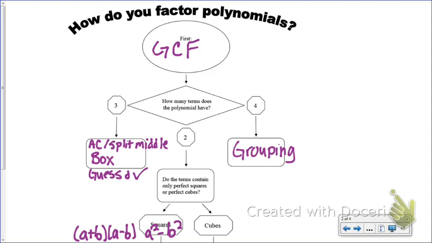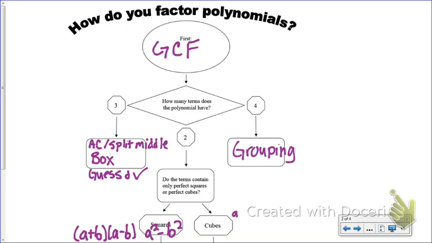Then you also could have perfect cubes, something that you know the cube root of. Those are numbers like 1, 8, 27 or 64, numbers where you know exactly what the cube root is. And with cubes, you can do the sum or difference.